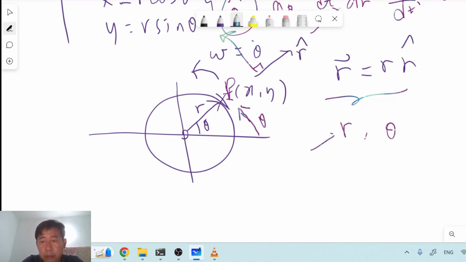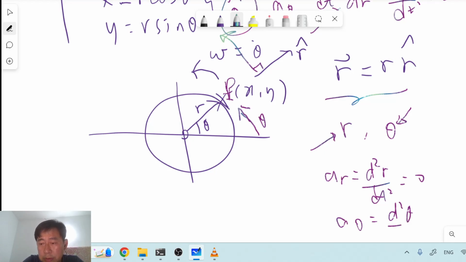So we need to write down the equation of motion for these two variables that dictates the position of the point executing the circular motion. The equations of motion for these two variables are such that a_r, which is d2r dt square, is equal to 0, and a theta, which is d2 theta dt square, is also 0.